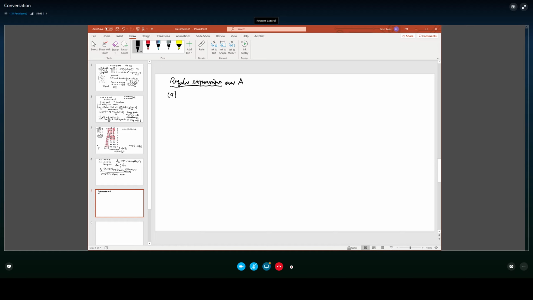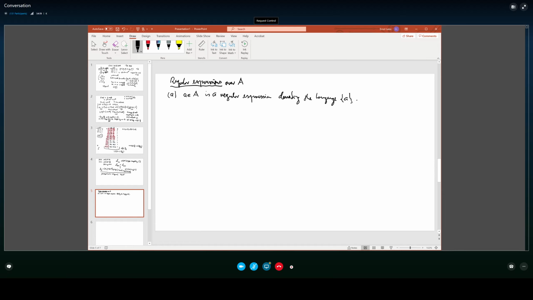So we have the basis: A in A is a regular expression denoting the language consisting just of that letter A.